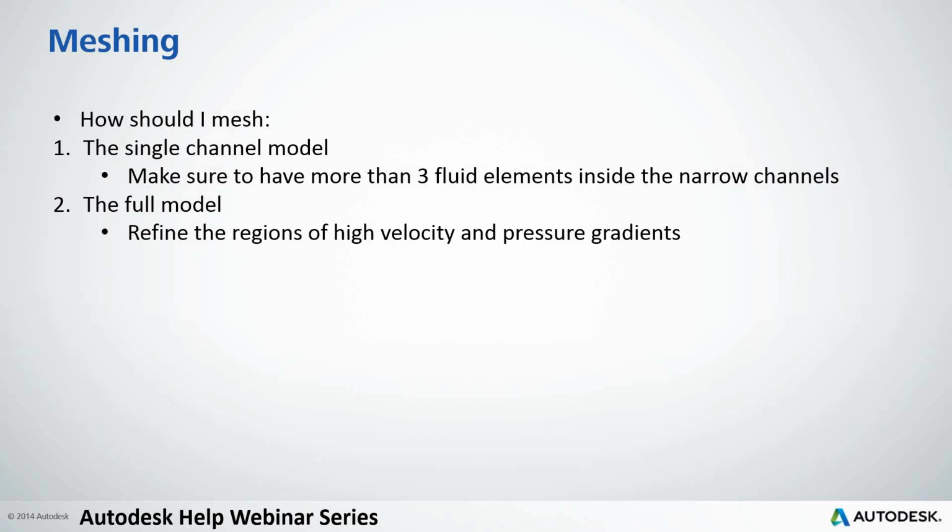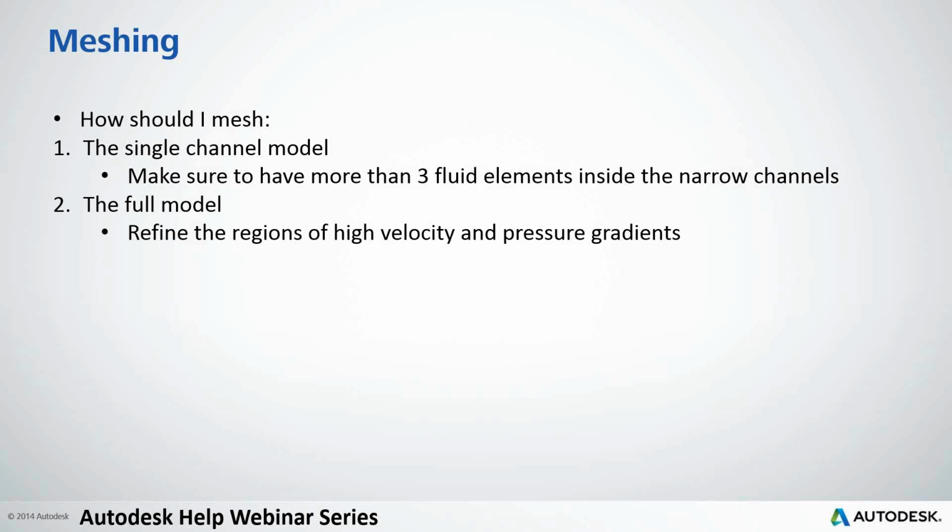Then I moved to the meshing, and I was asking myself, should I mesh my model for the single channel? It's really important to make sure that in the narrow tubes, that means in my narrow channel, I get more than 3 fluid elements between the walls of the channel.